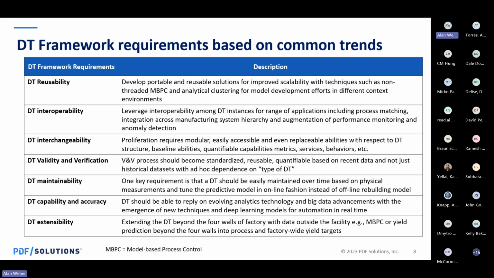And that sort of relates to the next one, is that there should be analytics technology that enables you to do that, not just sort of architectural capability to do it. And then being able to extend digital twins outside of a factory into the entire supply chain is a big deal. And again, the acronym here, model-based process control, is one of the examples of a digital twin that's been prevalent in the industry for many years.